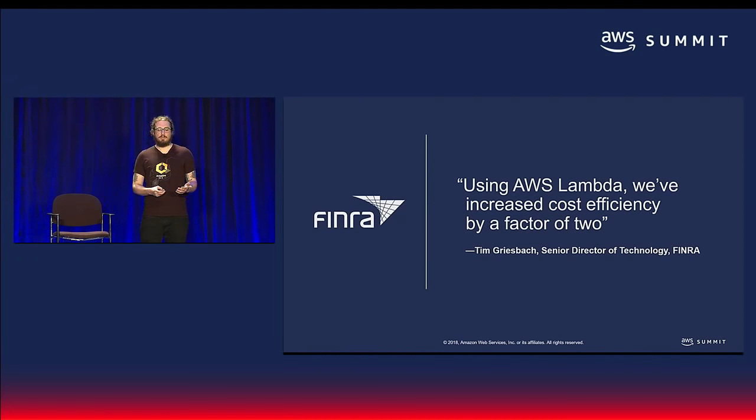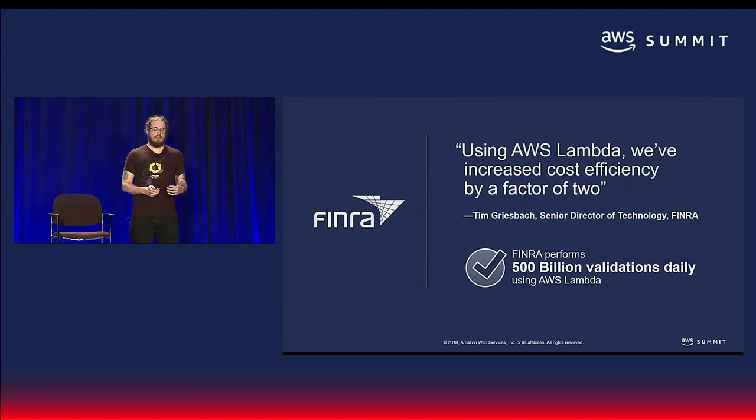The quote here is pretty amazing. They said, using AWS Lambda, we've increased cost efficiency by a factor of 2. And just to give you an idea about how much that means, FINRA performs 500 billion validations a day using AWS Lambda. So obviously, if they're increasing cost efficiency by a factor of 2, there's a lot of savings to be had there.